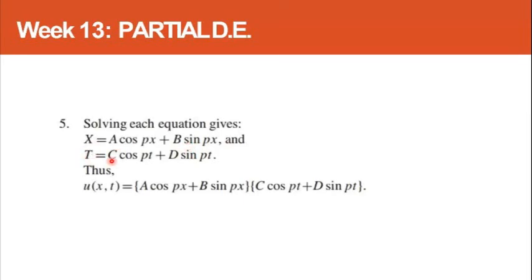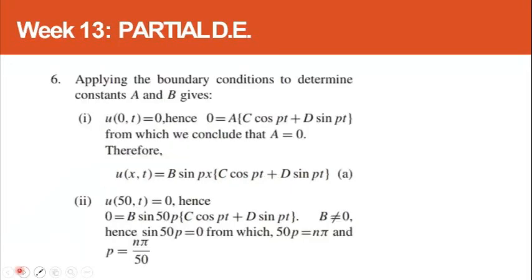And also yung t natin is c cosine pt plus d sine pt. Or we have the u is equal to x times t, where ito yung x natin and also ito yung t natin. And after nun, apply na natin the boundary solution to determine yung constant natin ng A and B based dun sa step-by-step process natin.